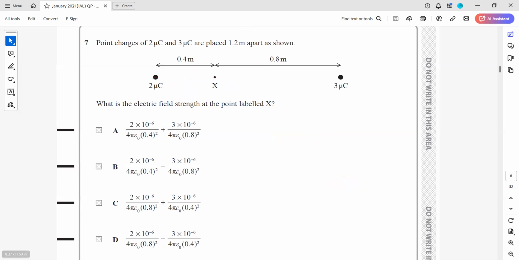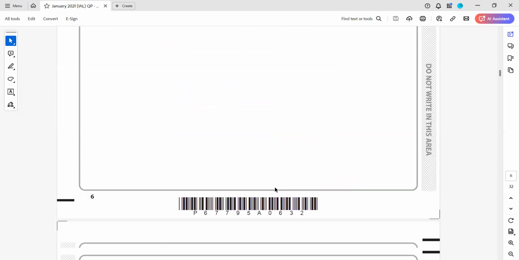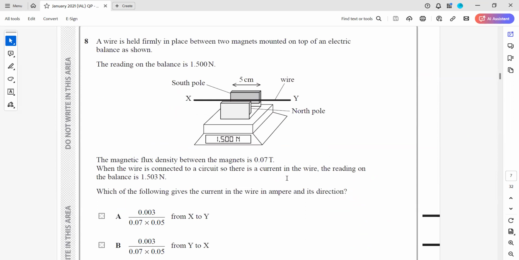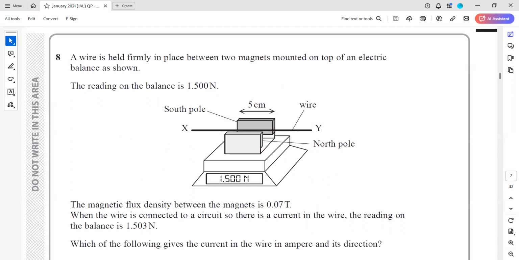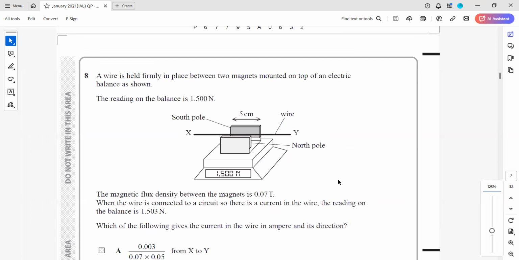The wire is held firmly between the two poles of the magnet, which is mounted on top of an electric balance. Look, what will happen? A current is there, and the magnetic flux density.